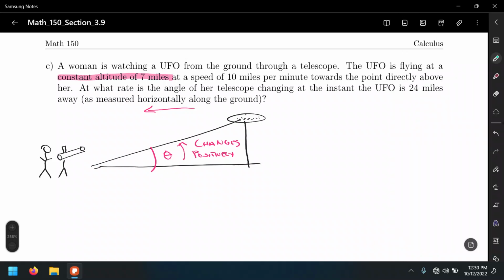Is it changing positively or negatively? Negatively, exactly, right? It's getting smaller, so that's going to change negatively.